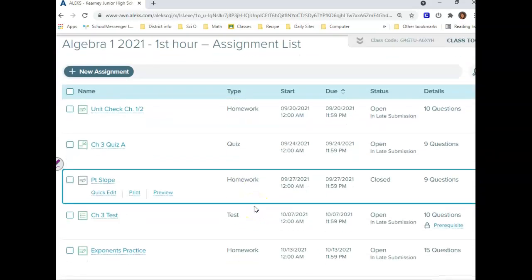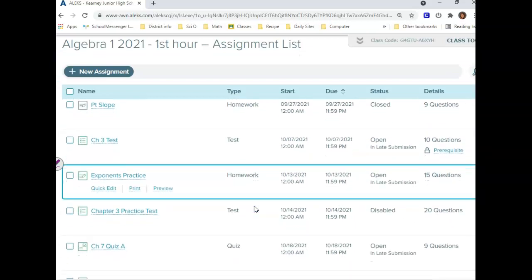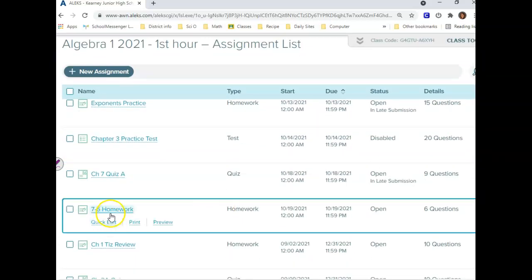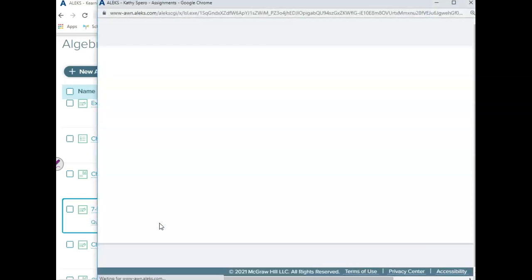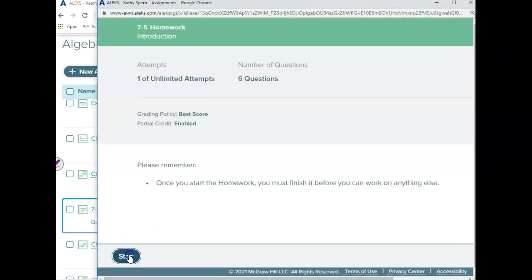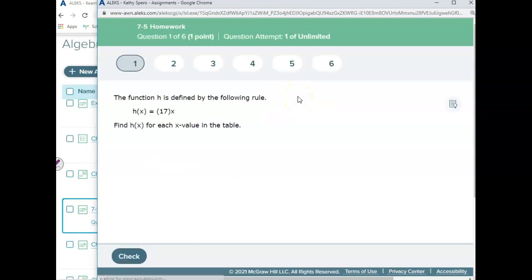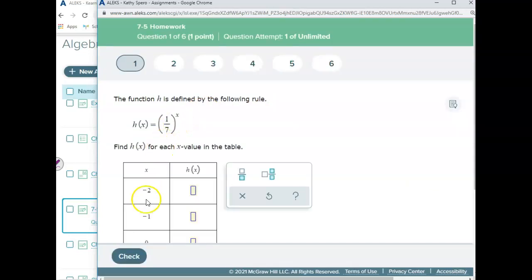Okay, so we were doing 7-5 homework. If I would preview this, all I'm doing here is taking that -2. So in my calculator, I'm going to have this in parentheses, caret key -2, and put it here.